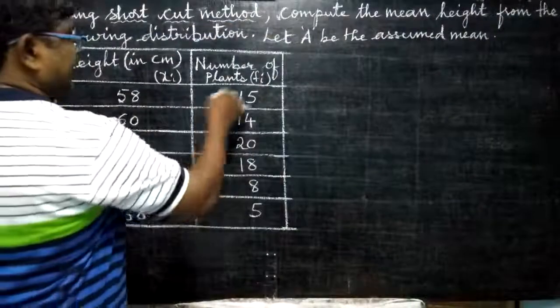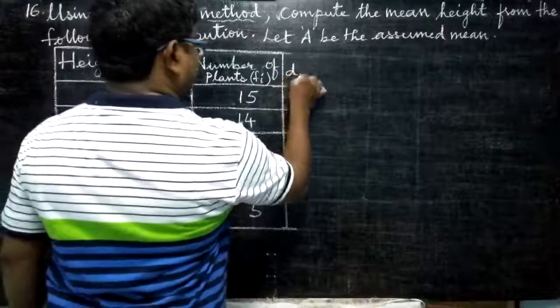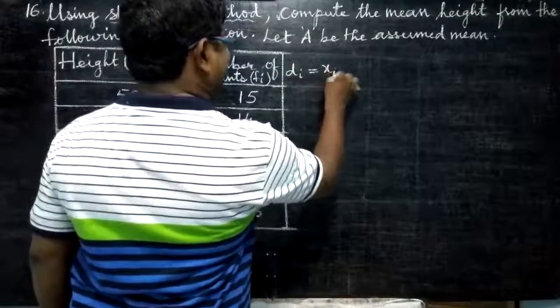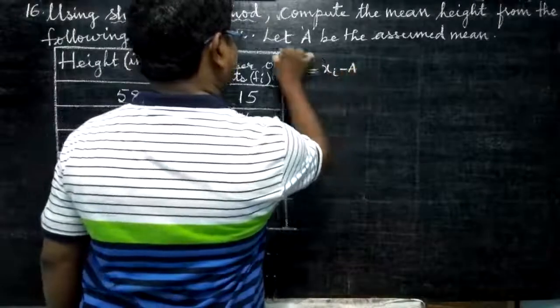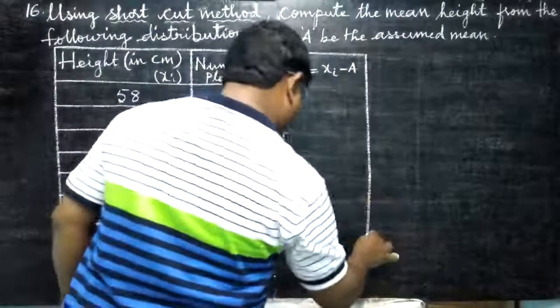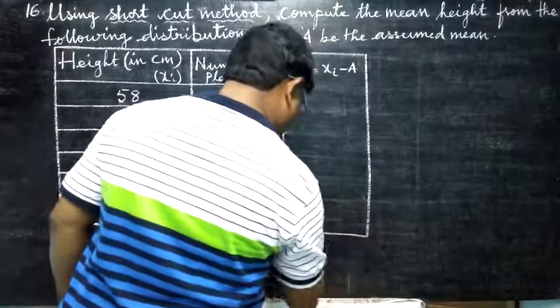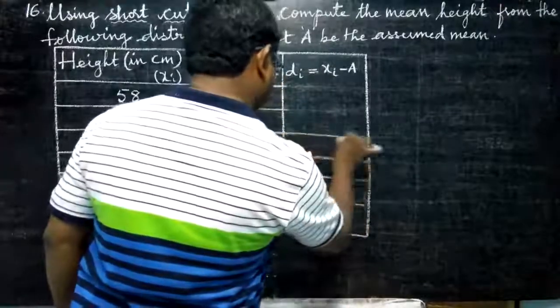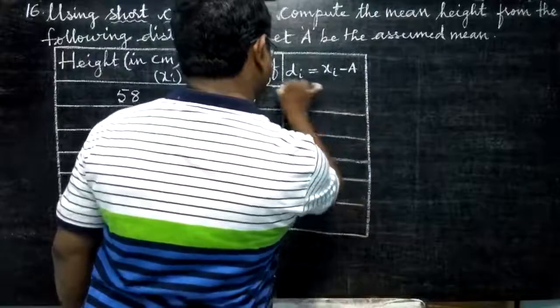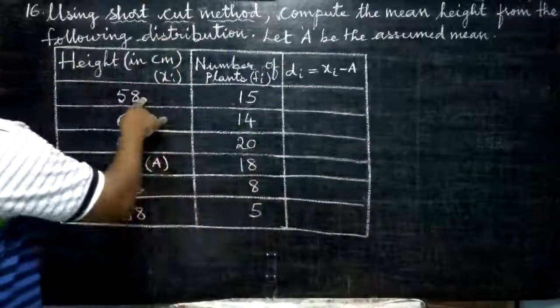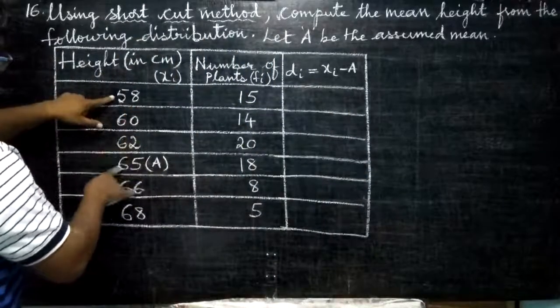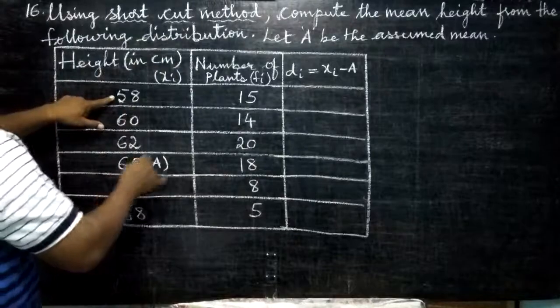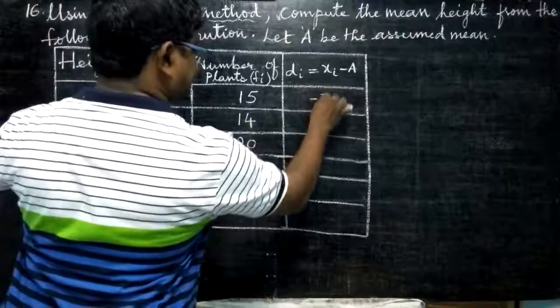Now here, one more column, di. di formula is xi minus A. What is xi minus A means? We have to do little bit working here, small working. Xi means we know height in centimeters given. So A is this one. 58 minus 65 is minus 7.